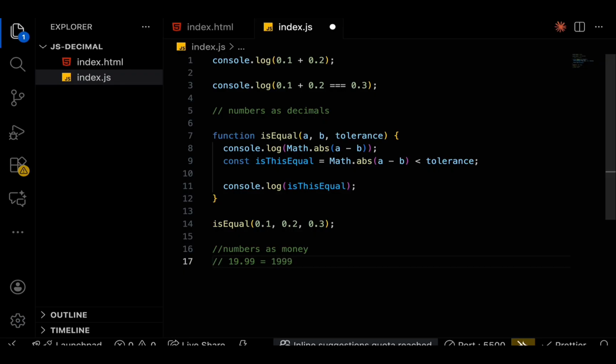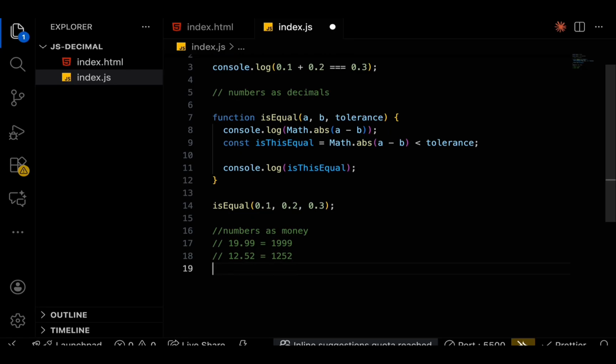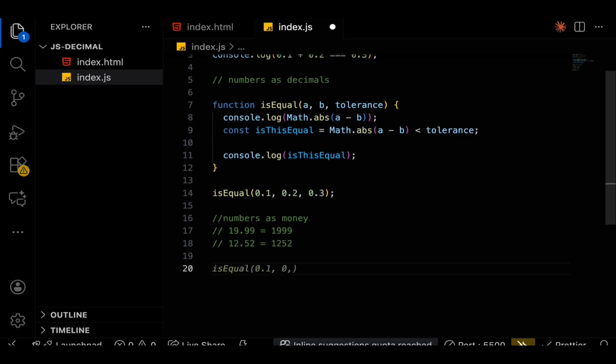So you convert dollars to cents, and this helps you manage calculations to ensure that your systems are really predictable. Or maybe you have things like, say, 12.52. This automatically becomes 1252, right?